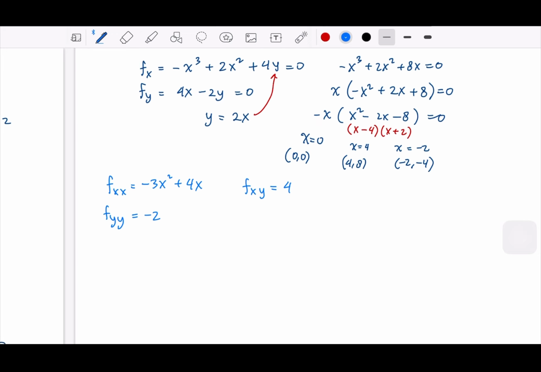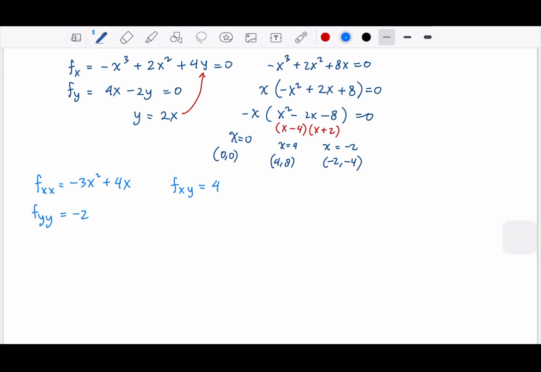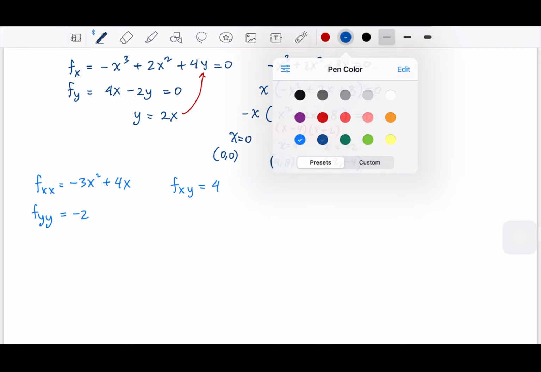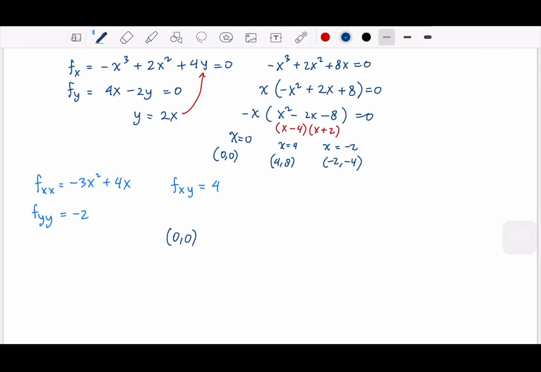Okay, and then maybe make a table. So make a table for 0, 0. We have D. D will be 0 minus 4 squared. So this will be negative. This will be a saddle point.